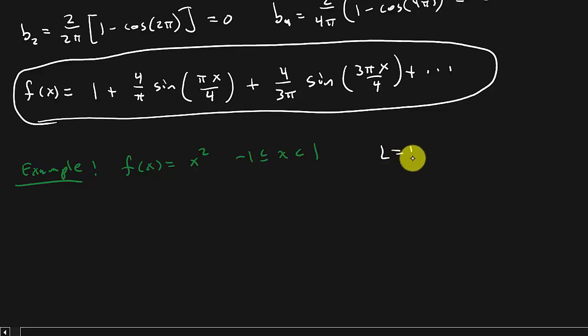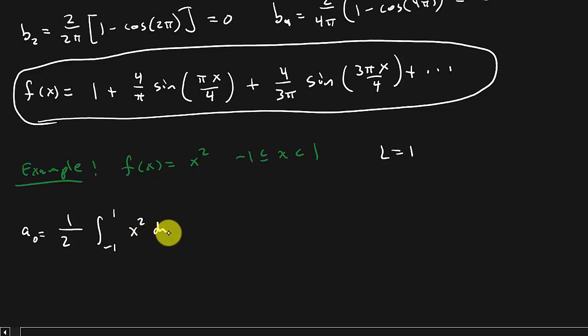In this case, can you see that L is 1? Okay, so A naught is equal to 1 over 2 times L. L is 1, 2 times 1 is 2. And that's going to go from -1 to 1. I don't have to split this one up. It's not a piecewise function.